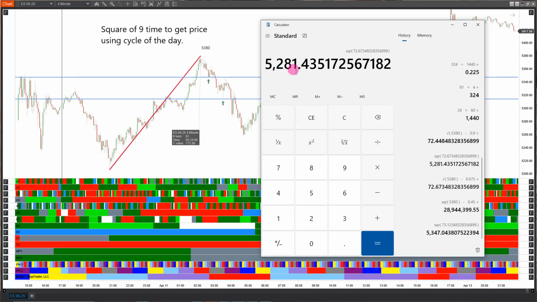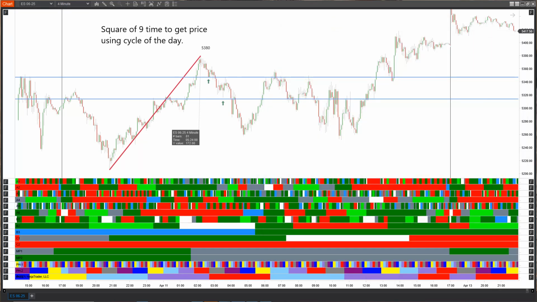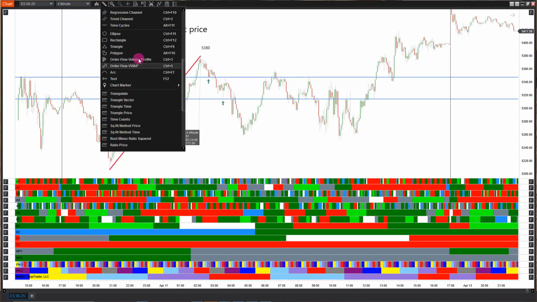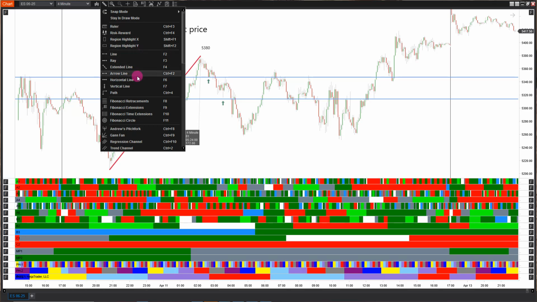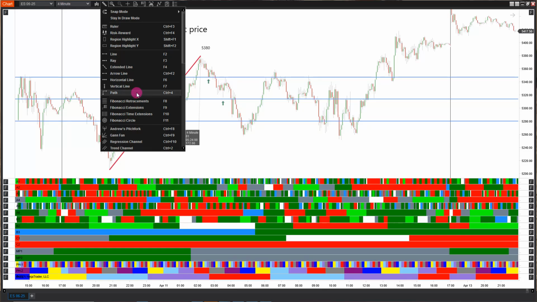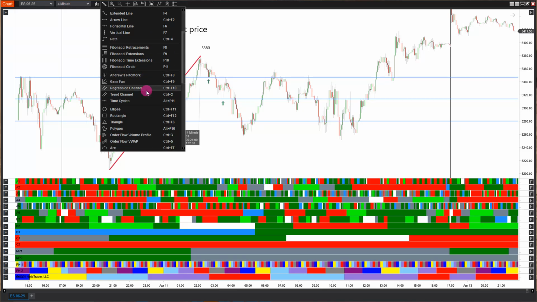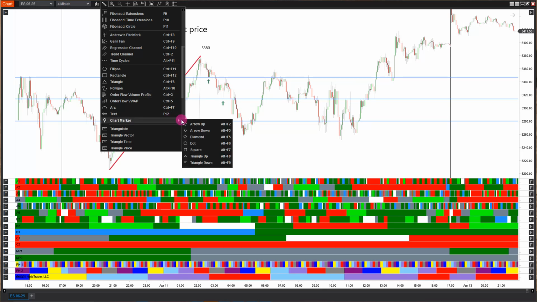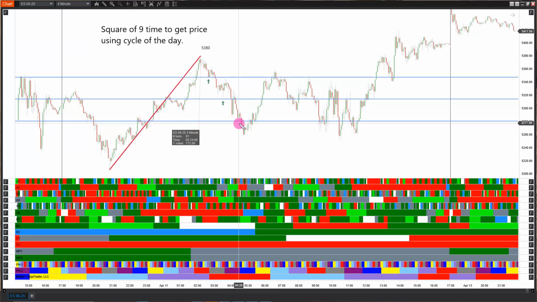Re-square that. 52.81.5 is our next target down. There's 80.5 right there. See, we hit that and got a minor reaction there. Right there, so that would be target 3.